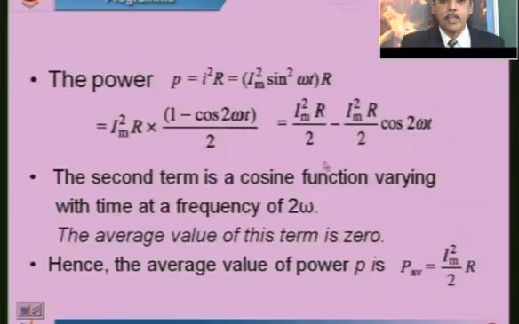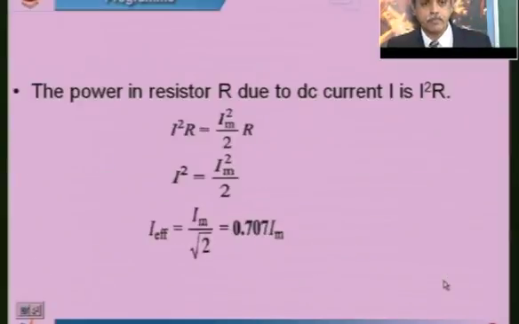If the sinusoidal current has frequency omega, the power has a cosine component with a frequency of 2 omega. The average value of this cosine term is 0. Hence the average value of the power is P average equals Im square by 2 multiplied by R.